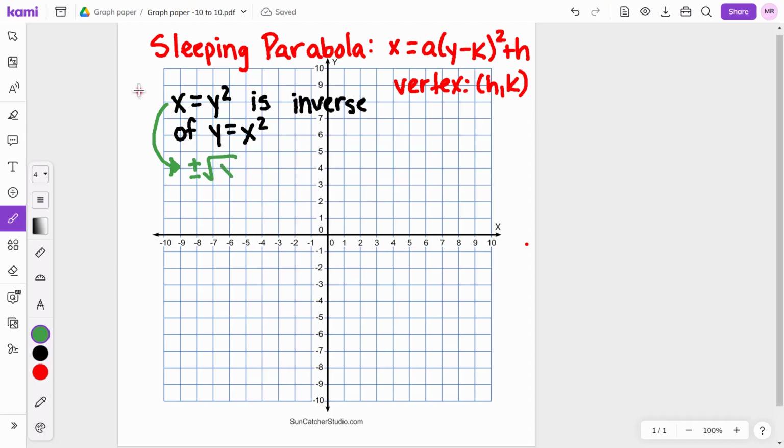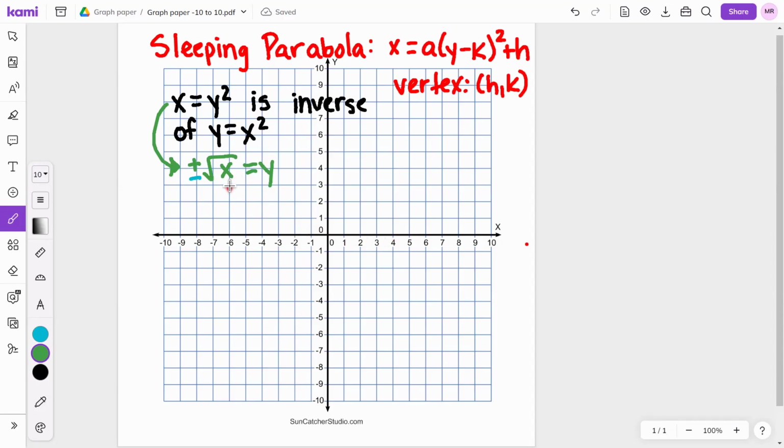I always get a positive and negative when I take the square root. And then I'll have a y. So really what's going to happen here is I'm going to get a positive and a negative square root.